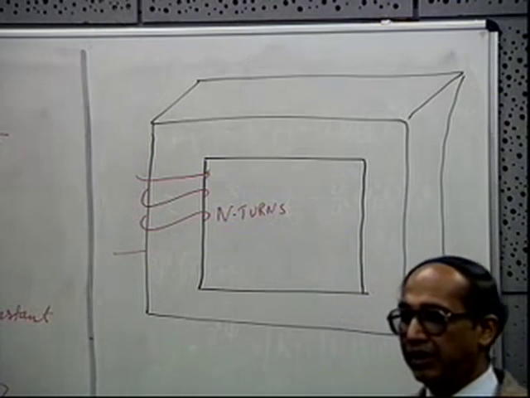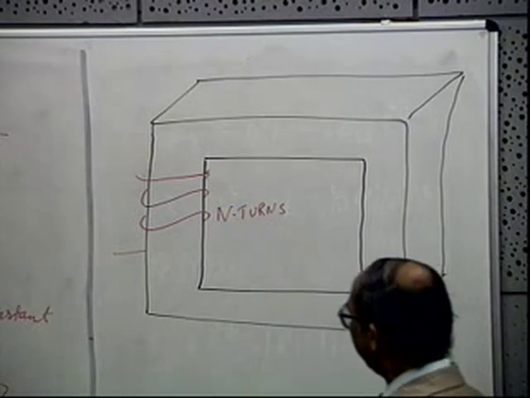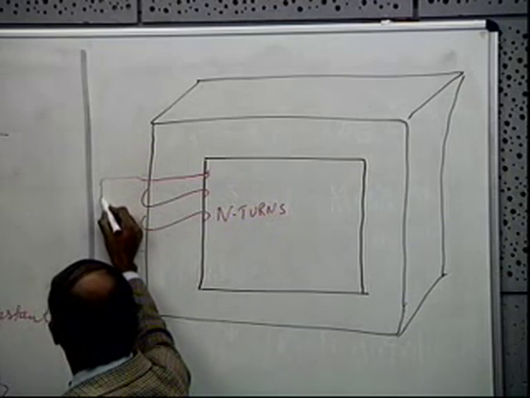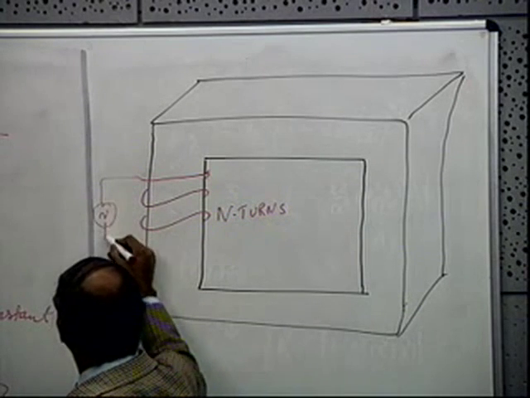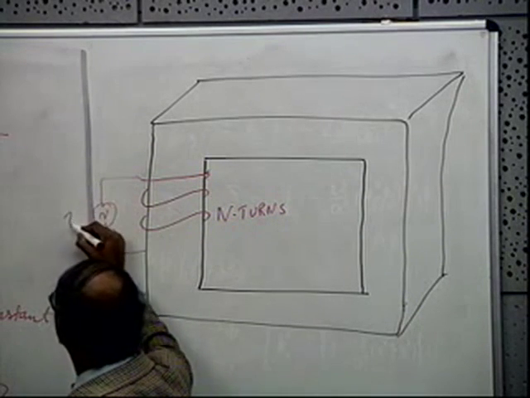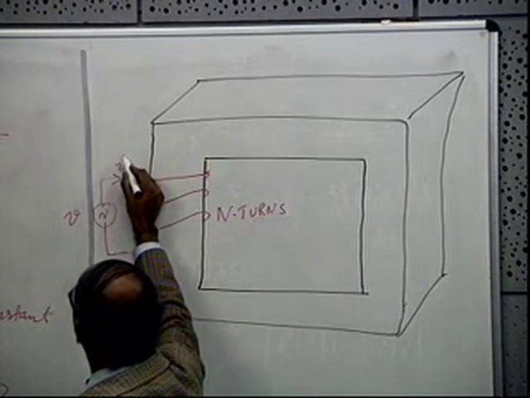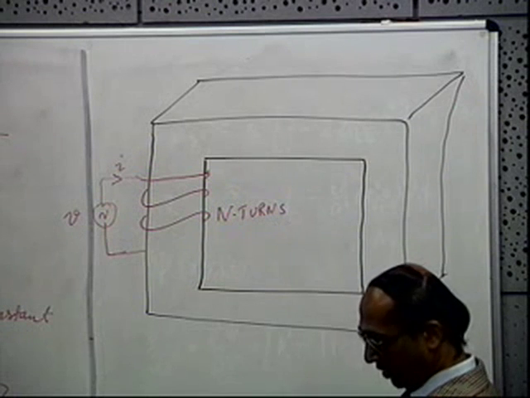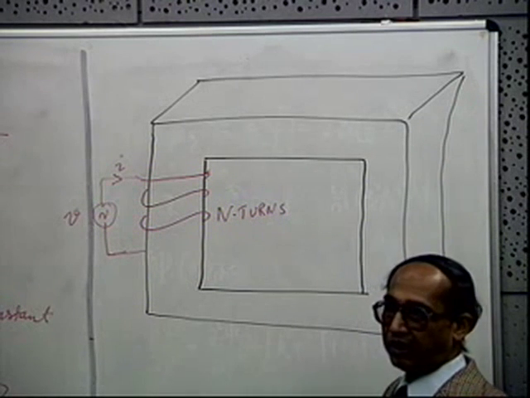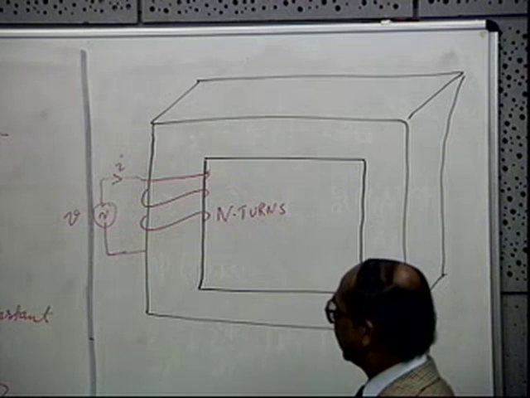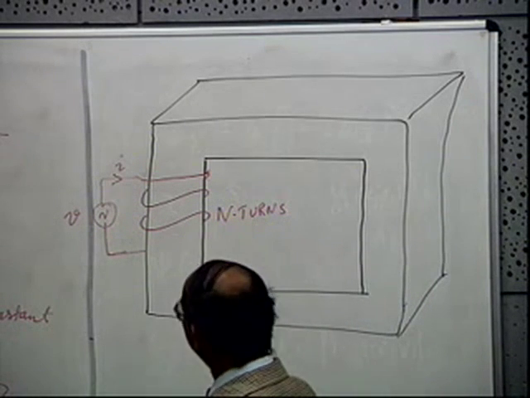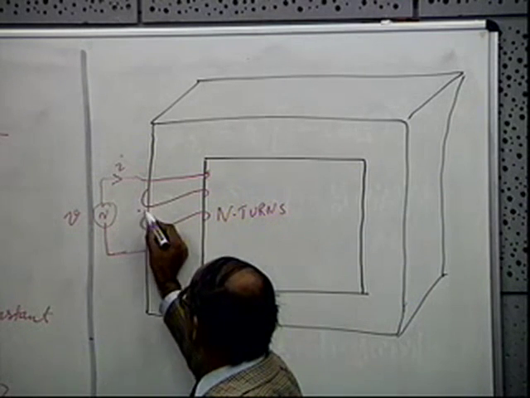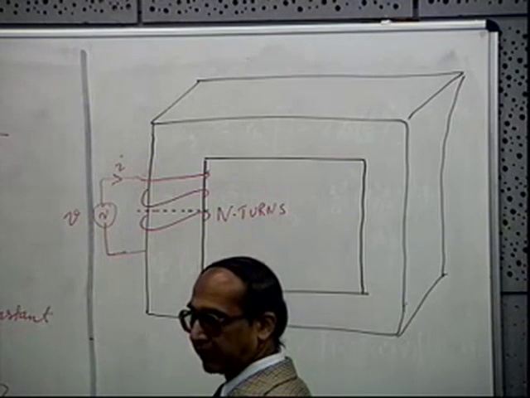Okay. Now this, we have seen that it is applied with a voltage which is varying with time. Now let us take some cross section like this.